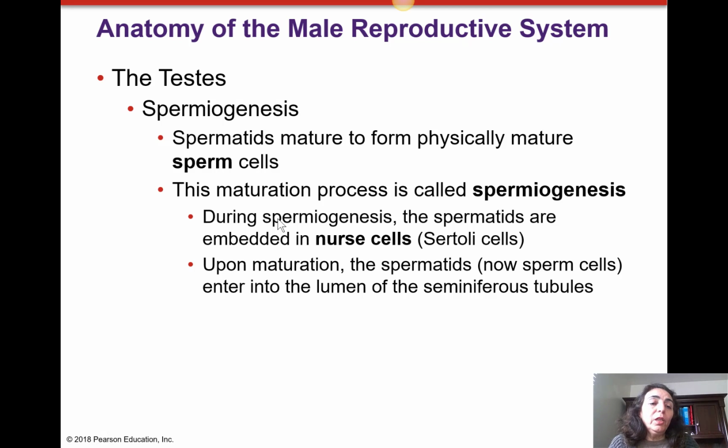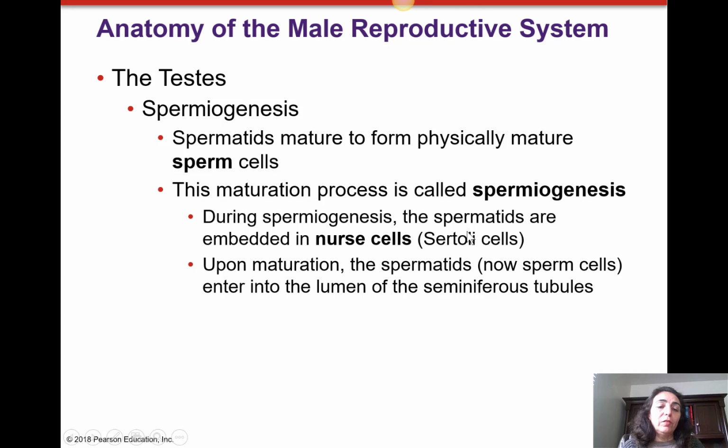Now, regarding the spermiogenesis, as we said, this is the process that the spermatids mature to form the physically mature sperm cells. So this is not changing the number of the chromosomes, but it is changing the shape of the cells. And this maturation process is called the spermiogenesis. And during spermiogenesis, the spermatids are embedded in the nerve cells.